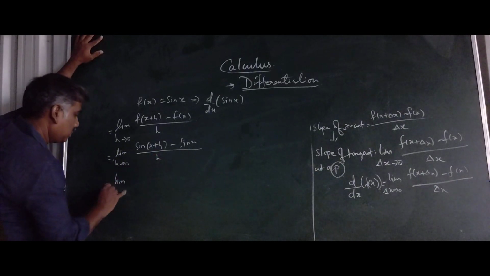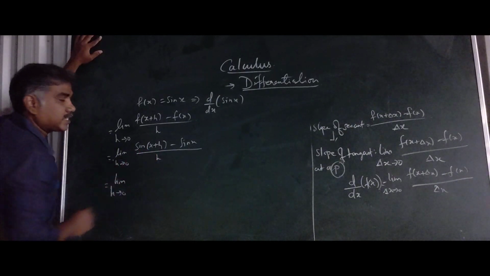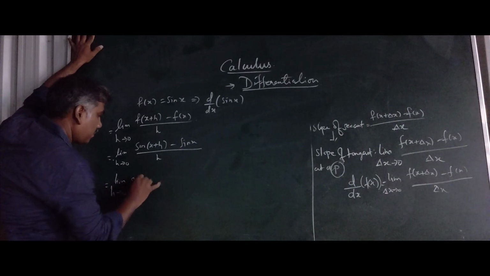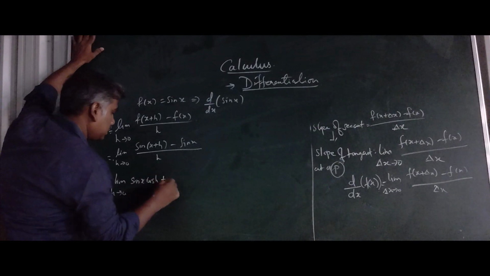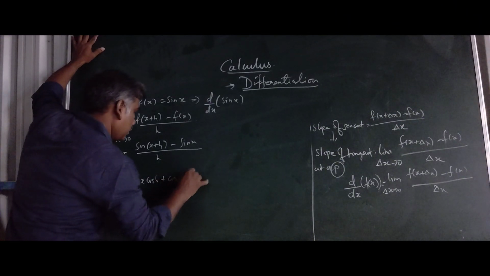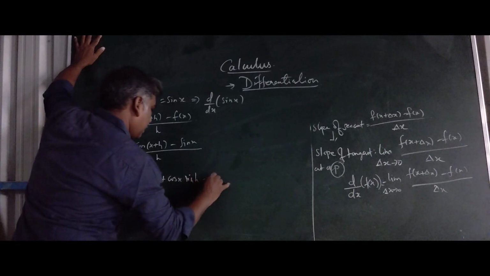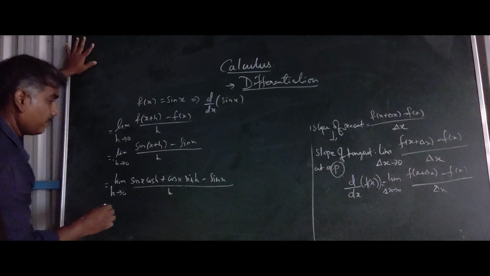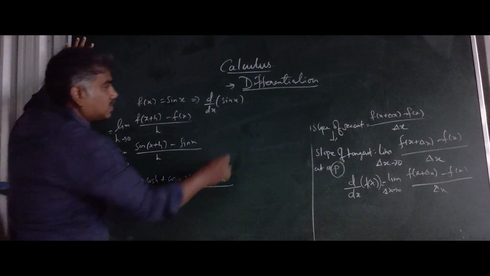Limit h tends to 0, sin of x plus h is actually sin of a plus b. Sin of a plus b is sin a cos b plus cos a sin b, minus sin x, whole divided by h. Now we have sin x common, so you just take it out.